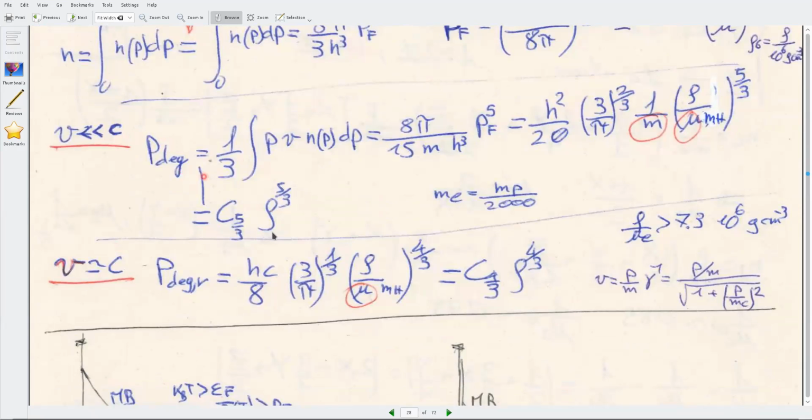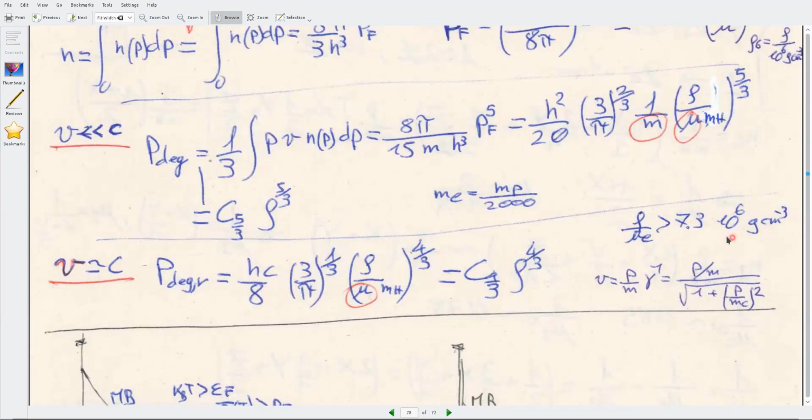For relativistic, we have the two situations with the pressure that depends only on the density, changing the exponent. Usually for relativistic, you need more than the order of 10 million grams per cubic centimeter.